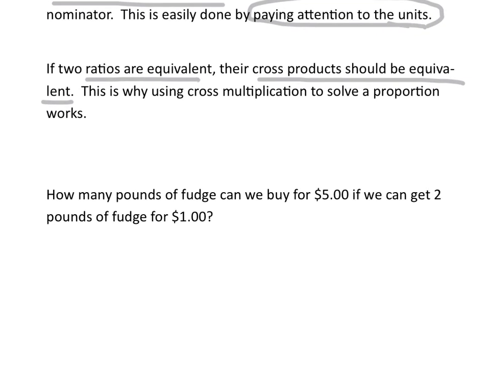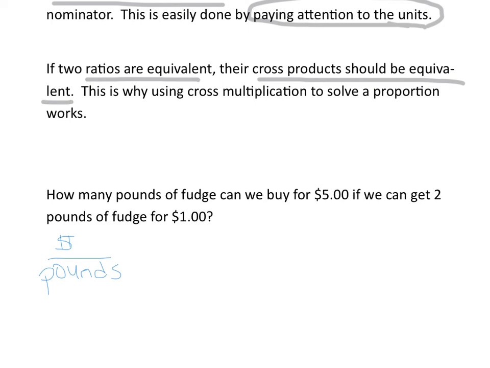So if we're setting up these ratios, we know we're going to have money over pounds. Remember that money always comes first, and that's a very helpful thing for us. So now when we read through the problem, how many pounds of fudge can we buy for $5 if we can get 2 pounds of fudge for $1?